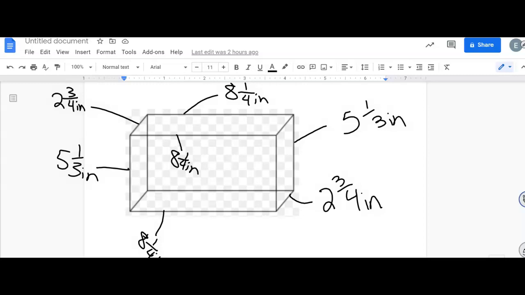Does that help you? It doesn't really help you. You need to know which one is the length, which one is the width, which one is the height. So that's what I did in this problem. I just labeled more than 3 side lengths. So you need to figure out which 3 you need to use. Okay, so, class, go ahead and solve for the volume of this rectangular prism.